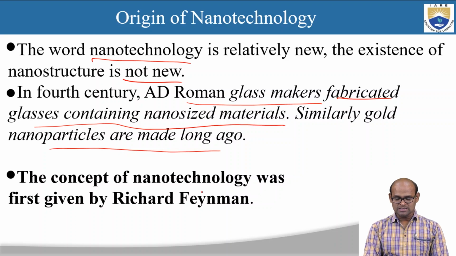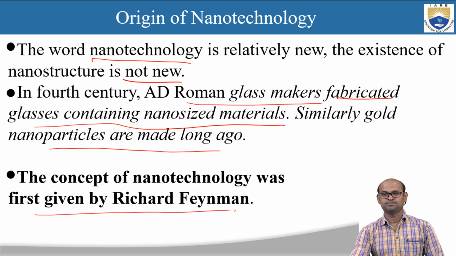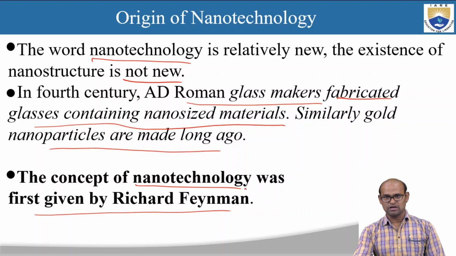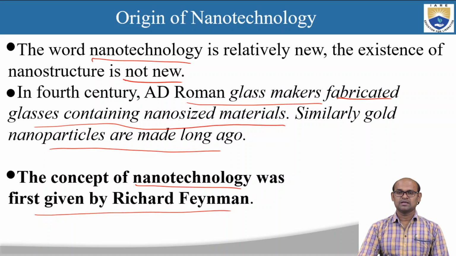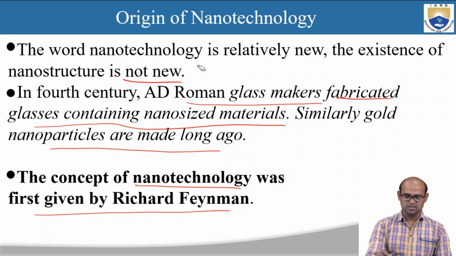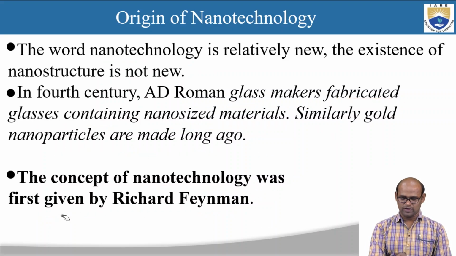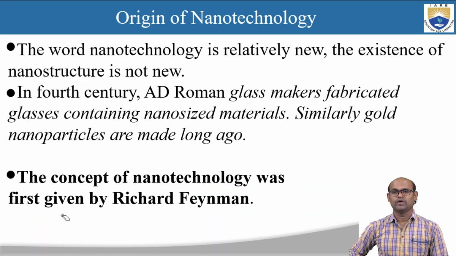So the concept of nanotechnology was first given by Richard Feynman. The first concept that there is some technology called nanotechnology, which we can use to understand various properties of materials and various phenomena that can occur in materials, was first given by this famous scientist Richard Feynman.